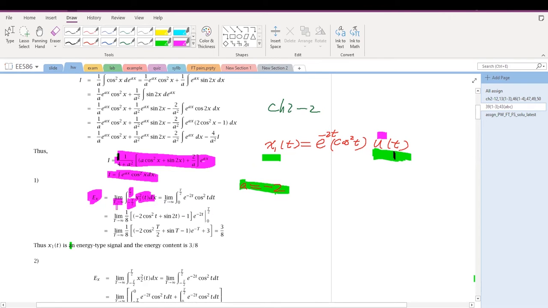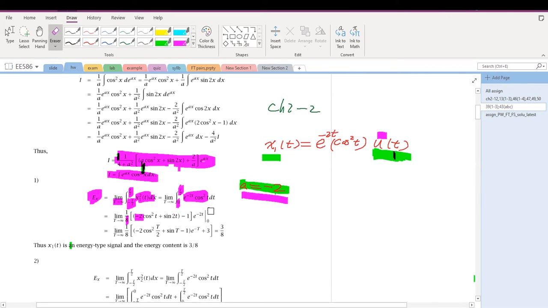So therefore this integral becomes from 0 to half T, and we take x1(t) squared. Now using this integral here, in this case a equals minus 2, and here that's 1/8, and cosine squared t and sine 2t, and e to the power minus 2t here.